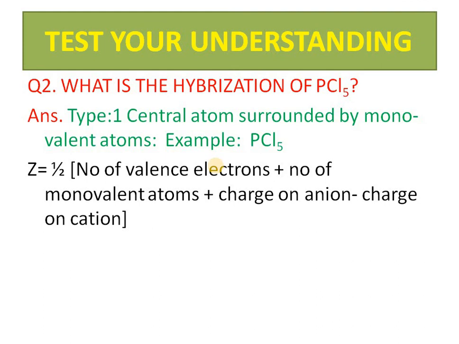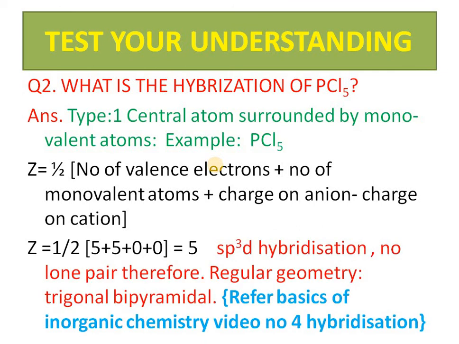There is no anion, no cation, so 0, 0. And dividing by 2, we get Z equal to 5. Z is 5 means sp3d hybridization. If you want more information on how to calculate hybridization, I think we have explained nearly 10 or 15 examples properly in the video of basics of inorganic chemistry, video number 4, hybridization. You can refer to that.